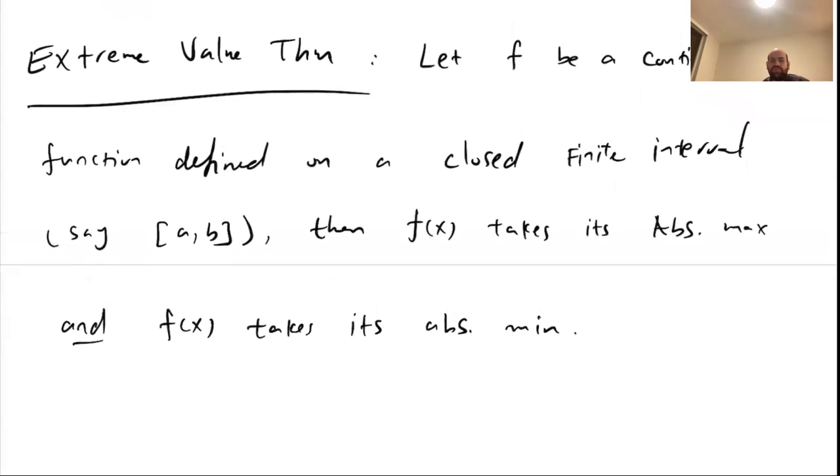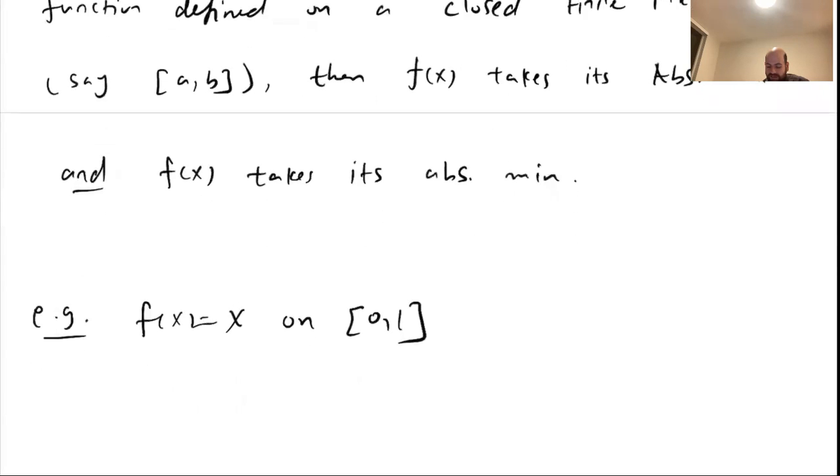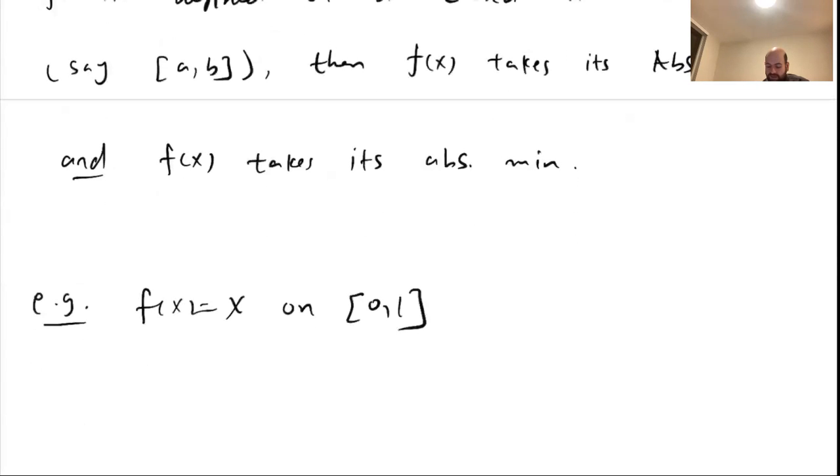Okay, a simple example for this theorem. For example, let's say f of x equals x, a very simple continuous function on a very simple closed finite interval, say 0 to 1. Then f of x takes an absolute max and min, right? So this is the function we also saw above.